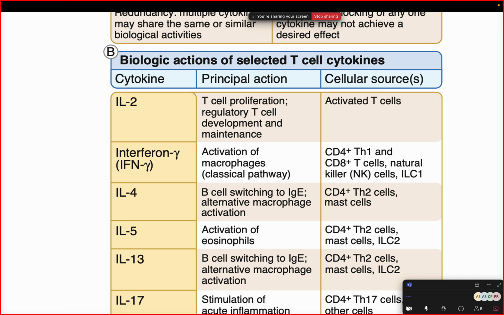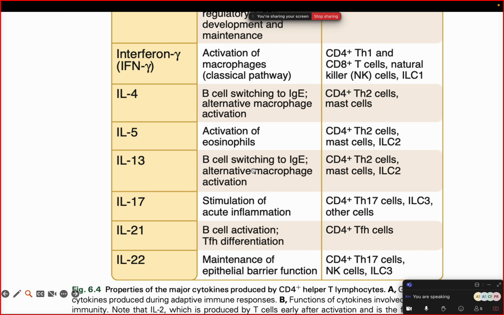If we talk about IL-4: B cell switching to IgE, alternative macrophage activation; sources are CD4 positive Th2 cells and mast cells. Again I am reiterating that you guys don't have to worry about every single function or every single source. Just remember the major things of these tables.